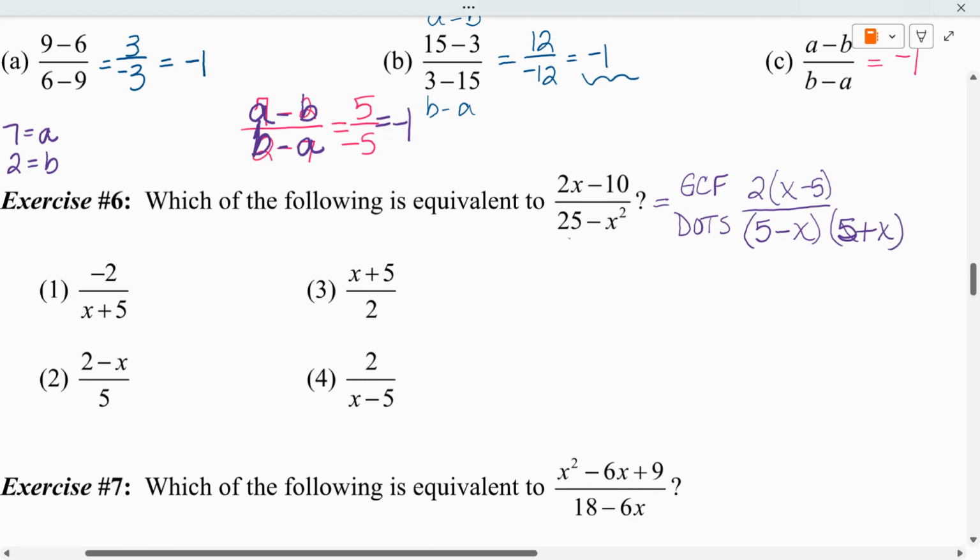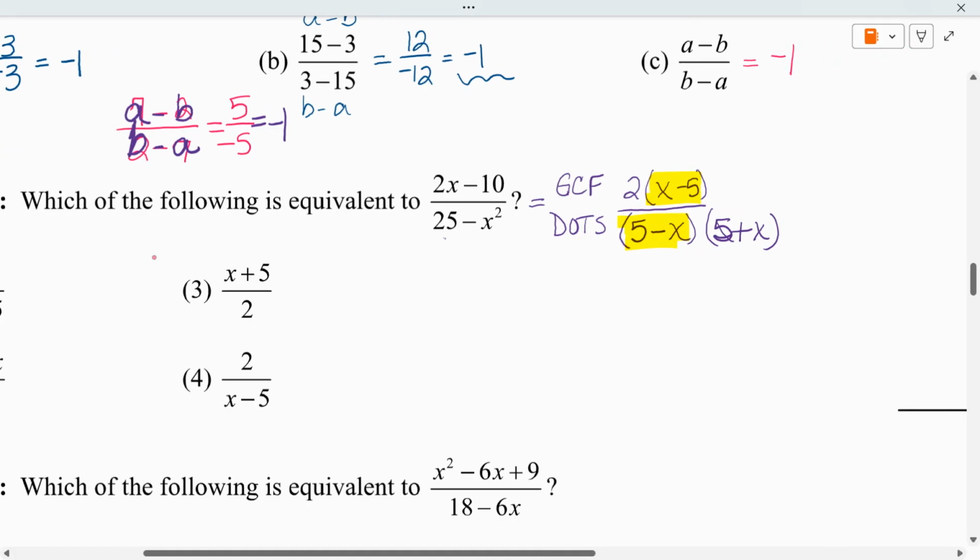Okay. So what do you notice about this and this? They're opposites, right? What do those simplify to? Negative 1. So this is the same thing as saying times negative 1. So what is 2 times negative 1? And what is 5 plus x?